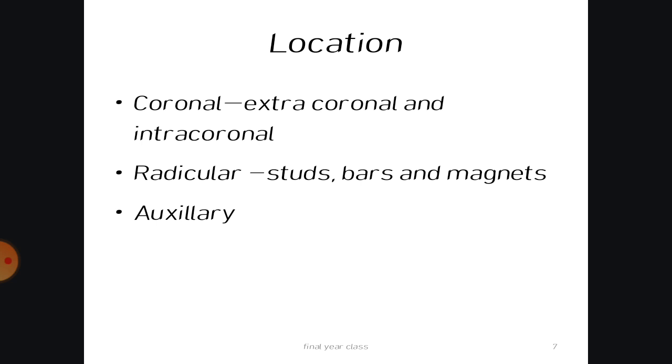They will be away from the tooth structure. Stud, bar and magnets we will be discussing more in overdentures. So these are the classifications based on location: extracoronal, intracoronal, then radicular. Under radicular we have stud attachments, bar attachments and magnets, and auxiliary attachments.